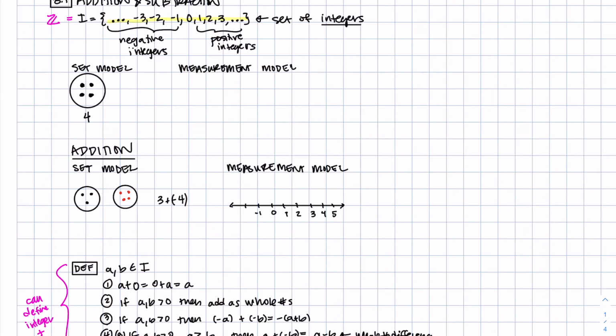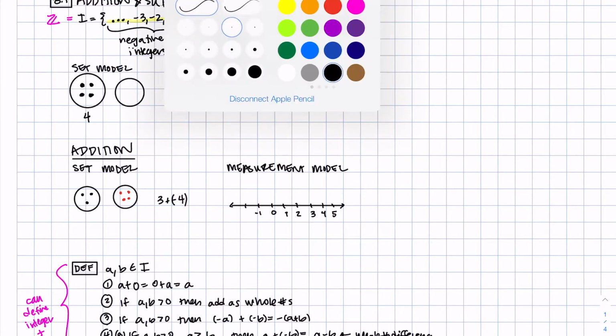Okay, so as far as models for such things, we already have a set model of the whole numbers, where I put, say, 4 dots in a set, and that would model the number +4.